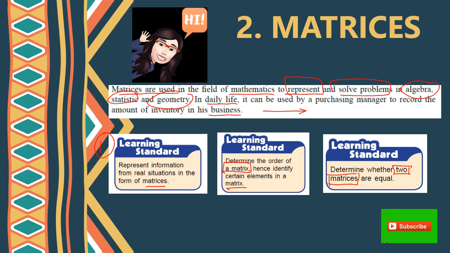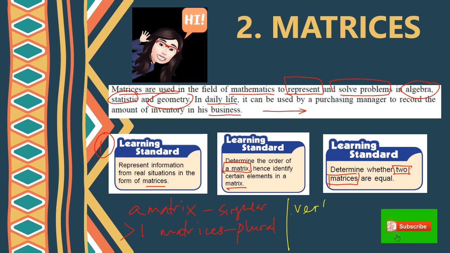Very simple. Actually, you say matrix if you have only one matrix, a singular form. And if more than one matrix, you say matrices. This is the plural form. Same as what you learn in graph theory, network of graph theory.